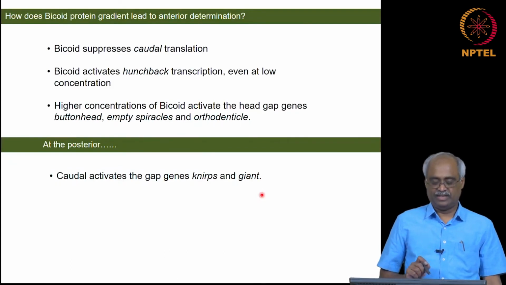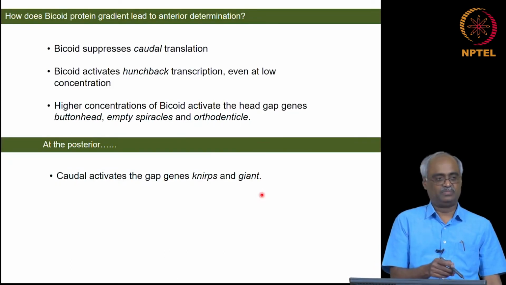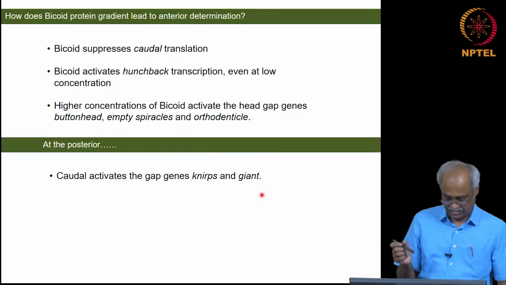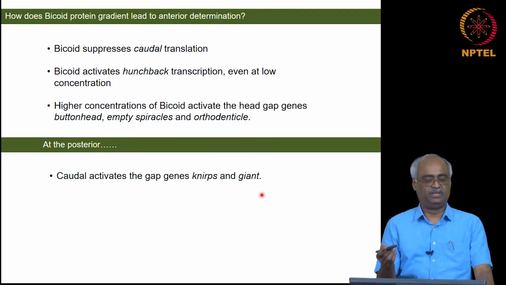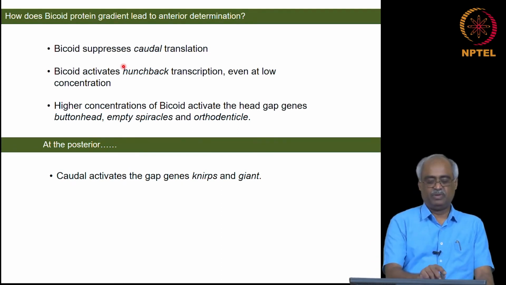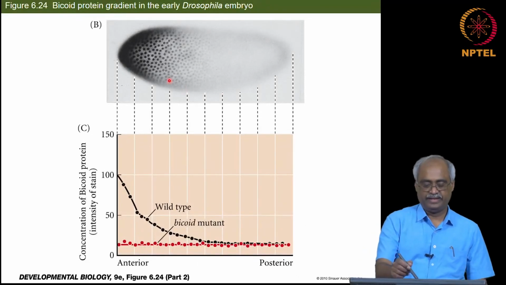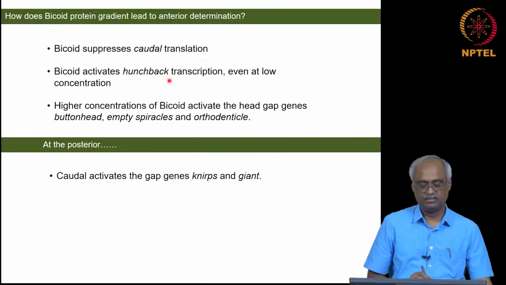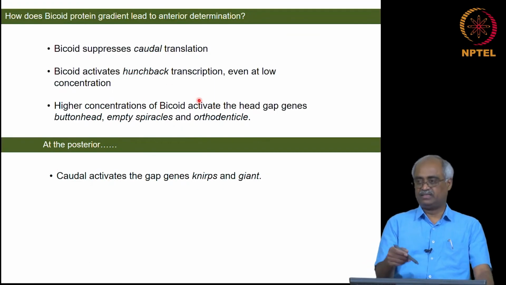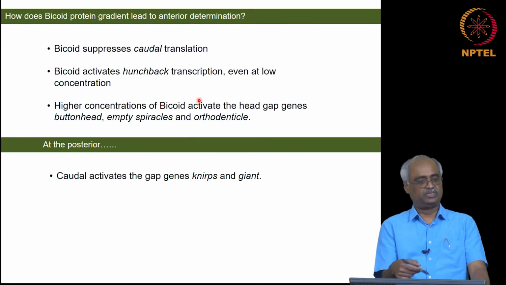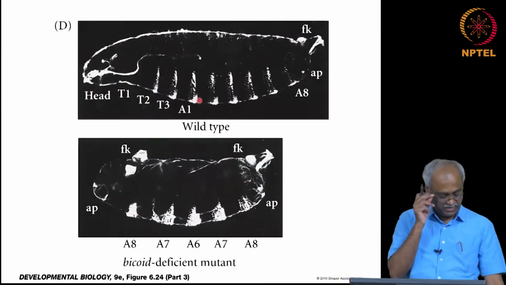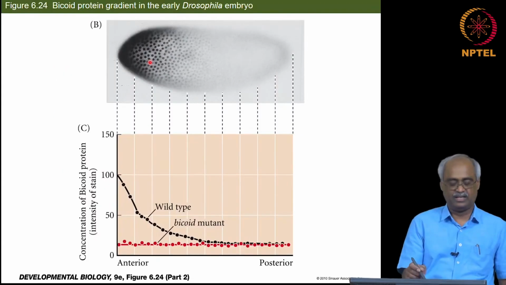So I did not tell you what the bicoid does, but you kind of already had this information earlier. So bicoid gradient in this portion, here it suppresses caudal and it activates hunchback transcription in those nuclei where it is already there. Remember, it is a transcription factor as well.